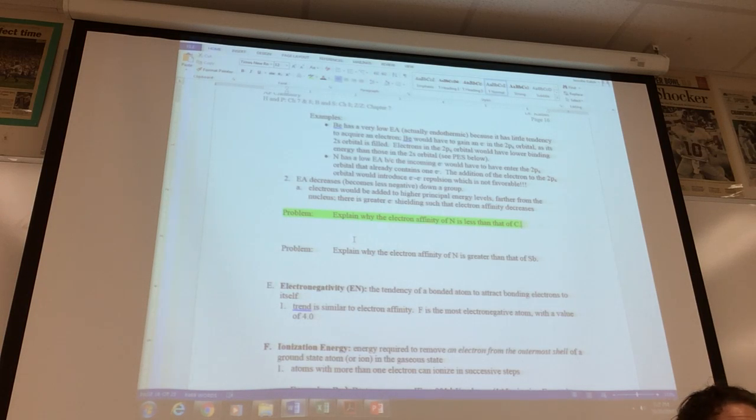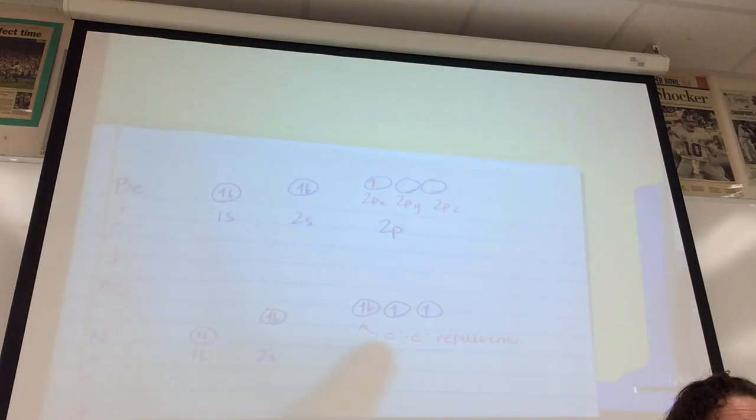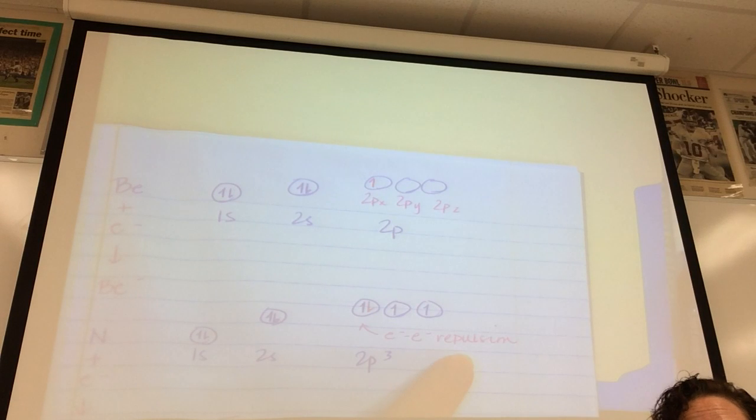Because you would be attracting and holding it, be specific on it, to the 2px orbital, which introduces electron-electron repulsion. You could say you would be attracting it and holding it to an already occupied 2px orbital, which introduces electron-electron repulsion. That's what you're looking at.